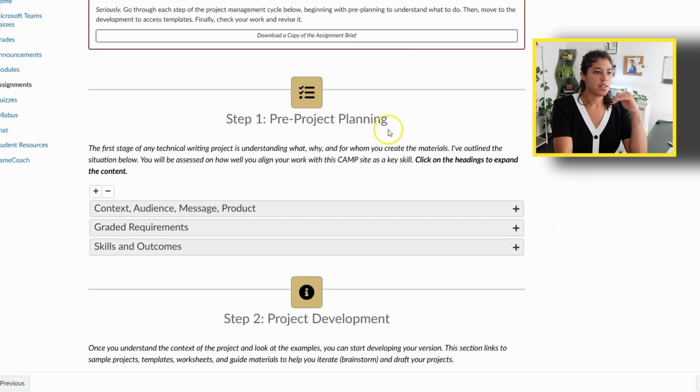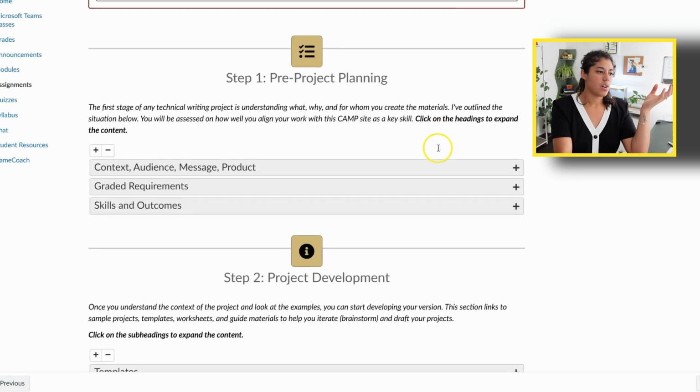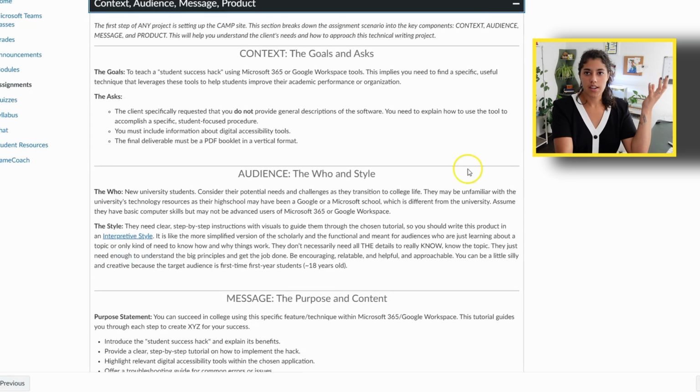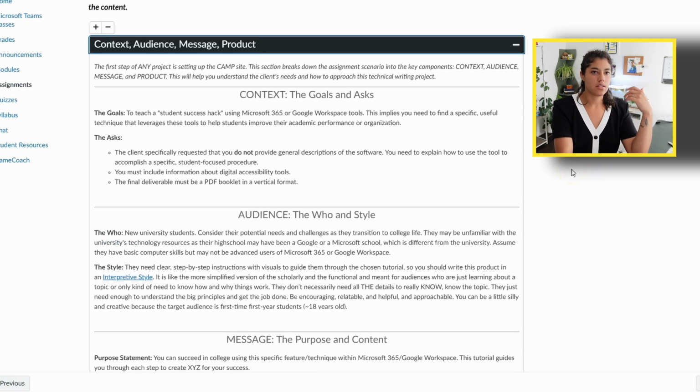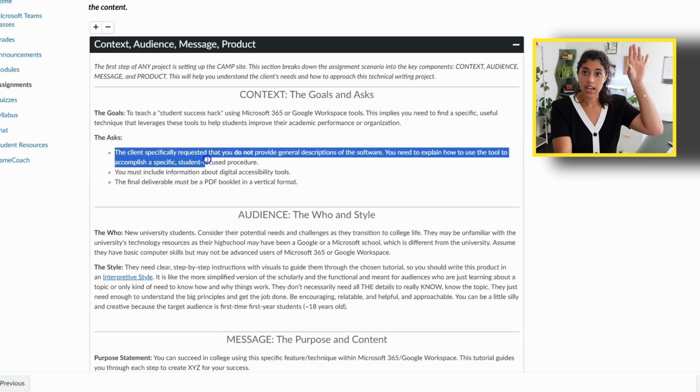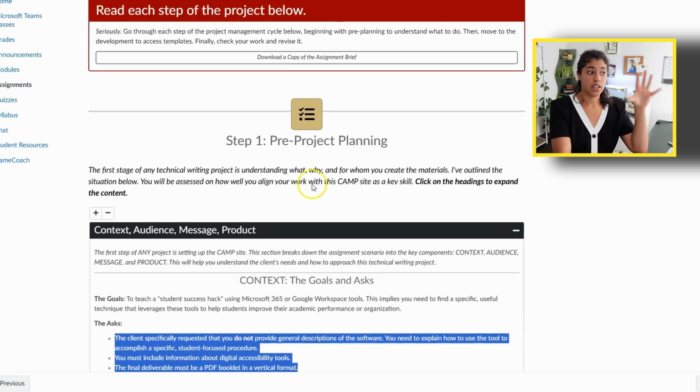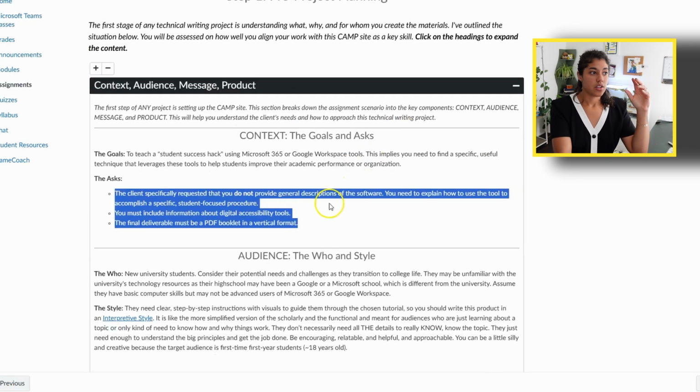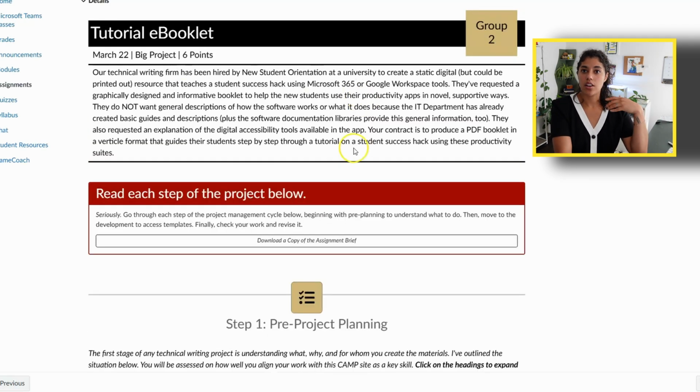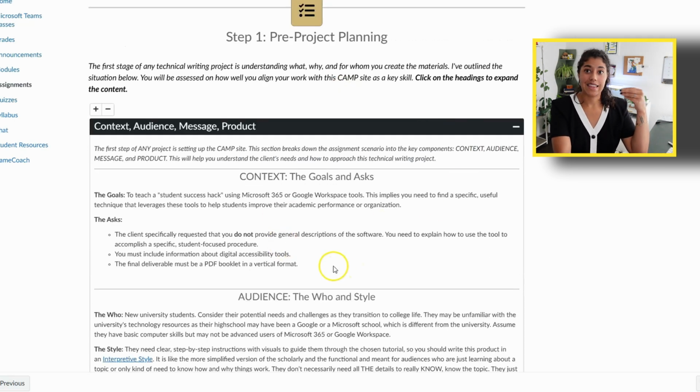But step one was always pre-project planning, where they learned what they actually had to do. For my students, they had to set up what we called the campsite: understand your context, goals, and asks. And again, it's very explicit, based on the scenario up front: here's what you are being asked to do. They should have understood that, practiced on their own, but then here's the answer key of the asks you should have understood about your workplace scenario.